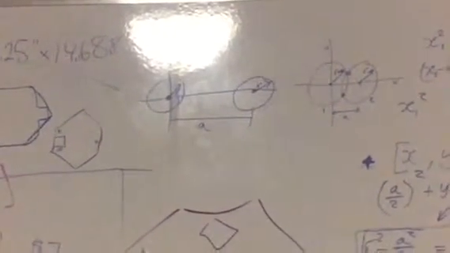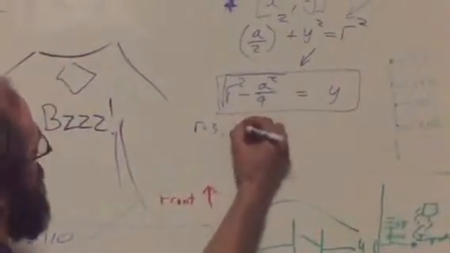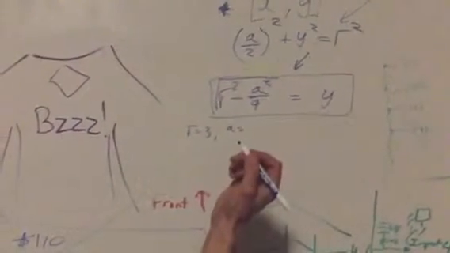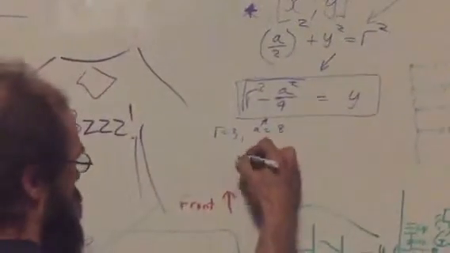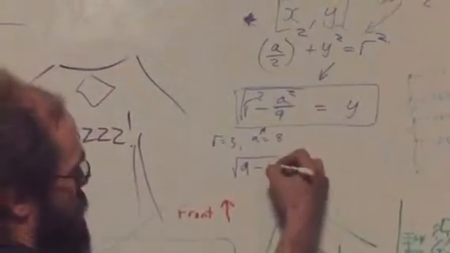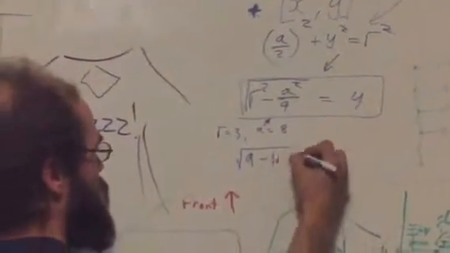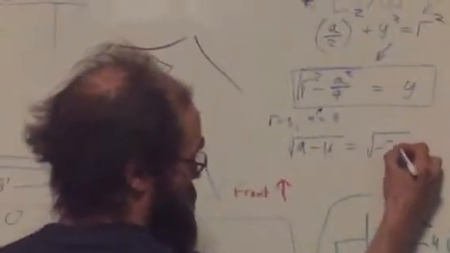So if you put some numbers in, let r equal 3 and a equal, call it 8, you've got a gap of 2 in between them. You feed that in, and you end up with the square root of 9 minus 64 over 4, which would be 16, which is the square root of minus 7, sorry.